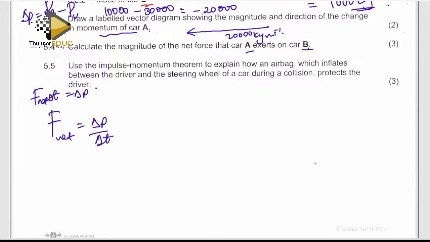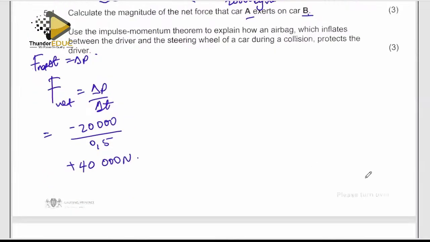Then for us to get the F net, we have our change in momentum, which we said is negative 20,000 over the change in time, which is 0.5. So this gives us a negative 40,000. But they said the magnitude of the net force that A exerts on B. Okay, so that is the answer that we have.